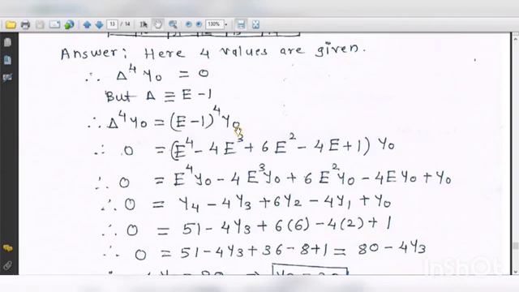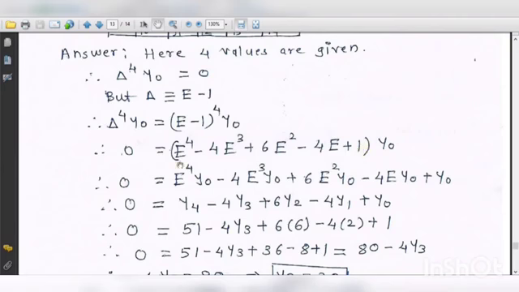Now, as explained in lecture 6, I have directly written the expansion, that is, write powers of E in decreasing order. The maximum power of this bracket is 4, so the first term of this expansion is E raised to 4. The next term is E cube, then E square, then E raised to 1, and here actually E raised to 0, but E raised to 0 is 1, so we don't write it.